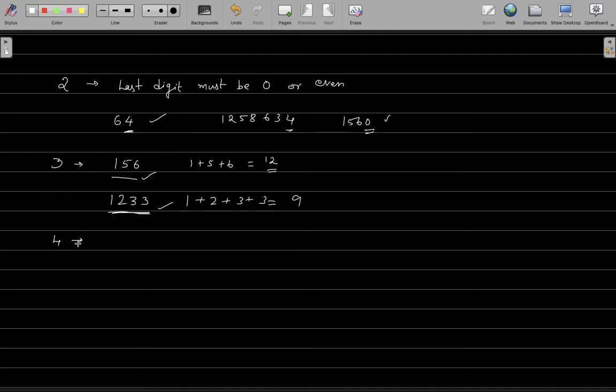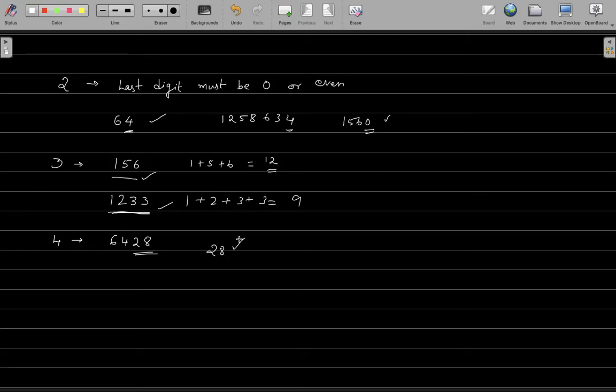You can say that when the number made by the last two digits of the number is divisible by 4, then that whole number is divisible by 4. Let us say for example, you have something like 6428. Now what are the last two digits? Last two digits are 28. Now 28, is it divisible by 4?